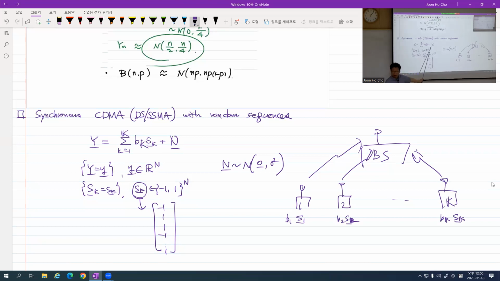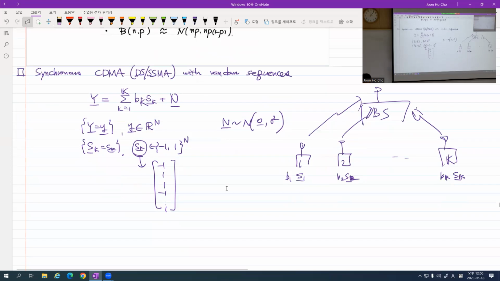And one of the simplest receivers to extract the information about b_k is this one. What you do is transpose s_k and apply it to y, assuming that the receiver actually has the same random number generator for that one, that one, that one.